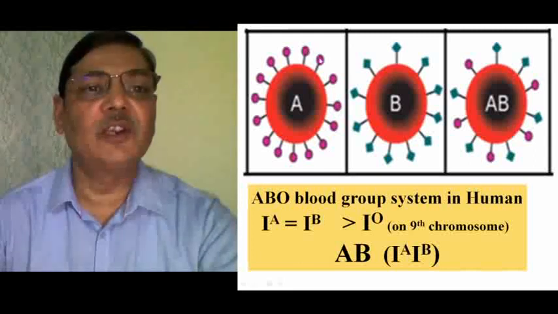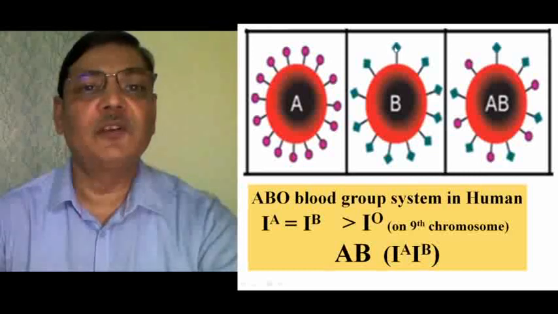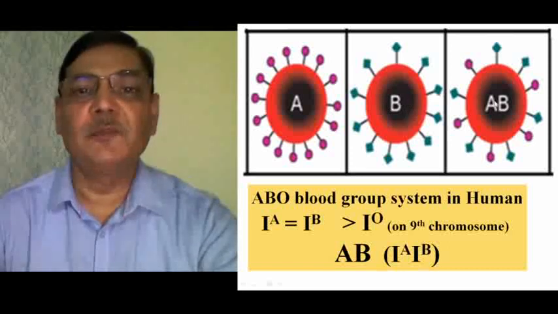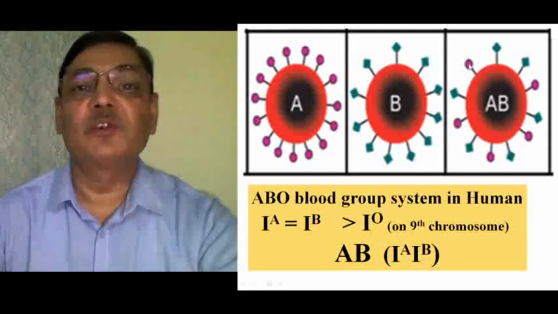If the oligosaccharide chain has N-acetyl-galactosamine as one of the monosaccharides, then the individual will be of blood group A. And if this unit has galactose, then the blood group will be B. And those who are of AB blood group will have both types of antigens present on the surface, that is, the oligosaccharide chain with N-acetyl-galactosamine as well as with galactose.